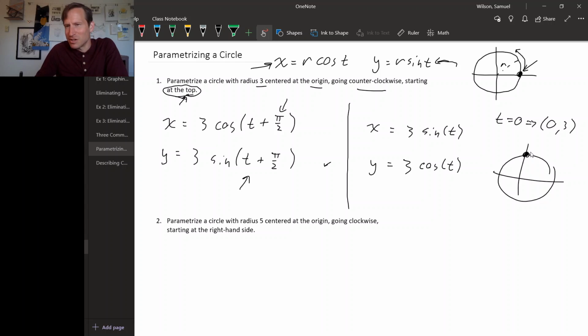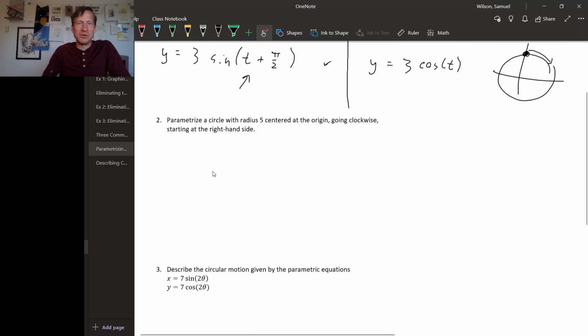So our x-coordinate gets bigger and our y-coordinate gets smaller. That's going to send us this way around the circle, but that's the wrong way around the circle. We wanted to go counterclockwise. Well, to go counterclockwise, we just need to make our x-coordinate go negative instead of positive. So we could just put a minus sign in front here, and that would do it.